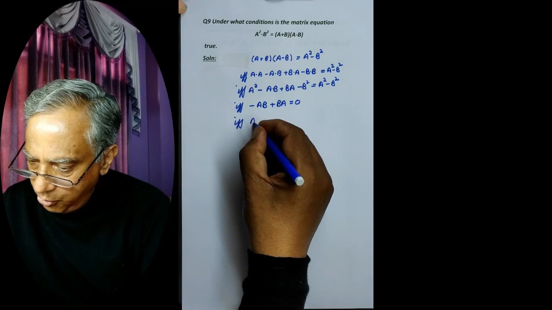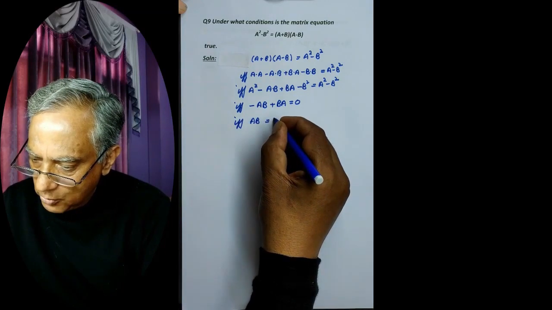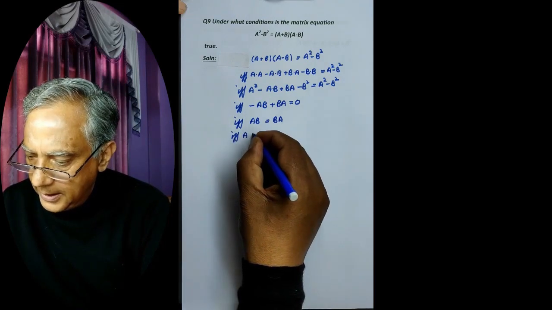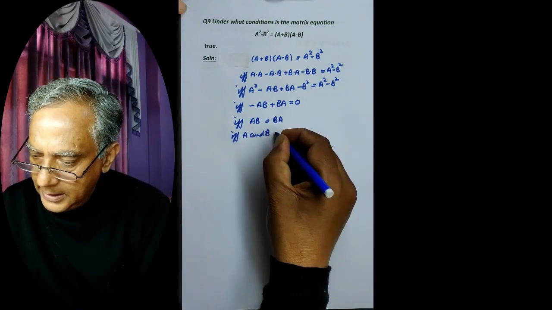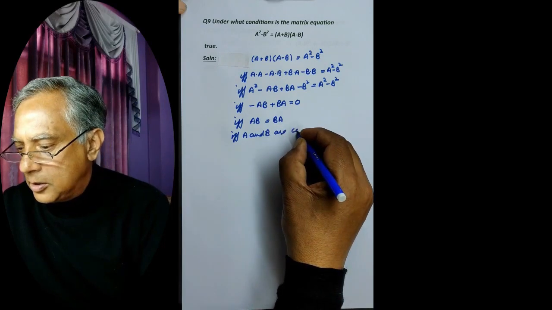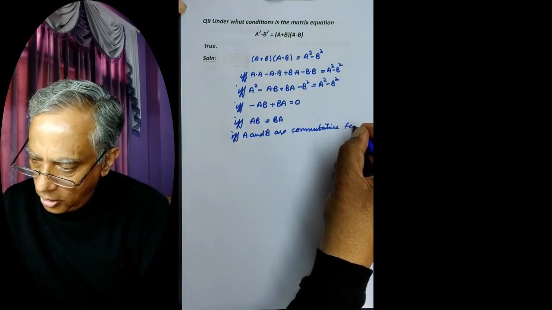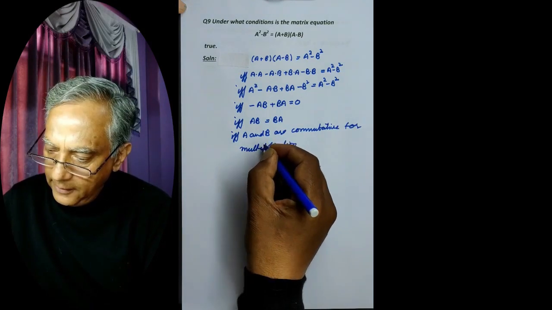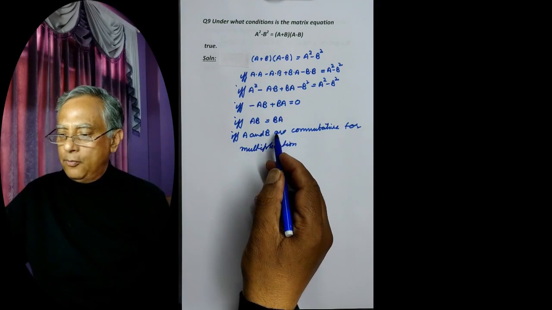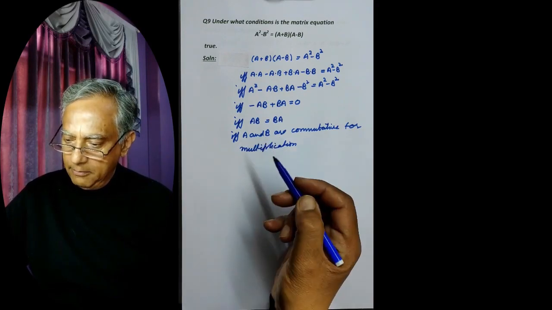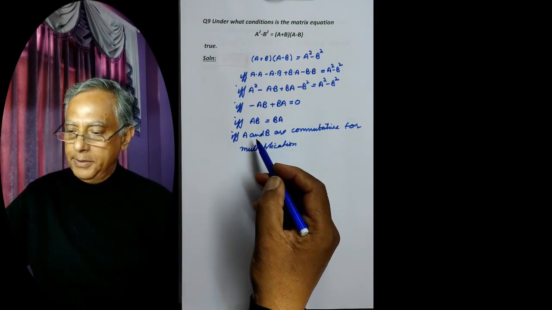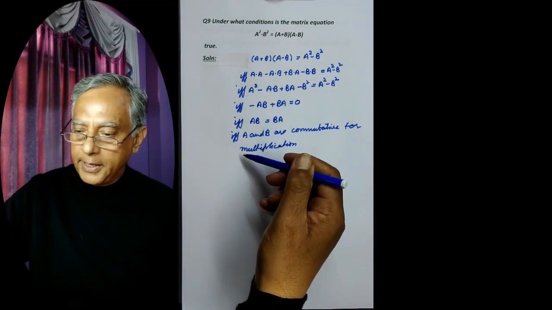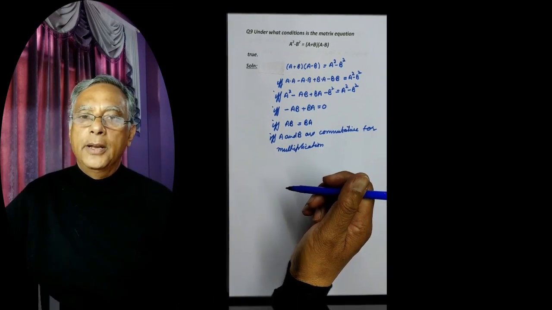If and only if AB is equal to BA. If and only if A and B are commutative for multiplication. And only if commutative law holds good for multiplication of A and B. Only then this formula will be true. But it is not true in general.